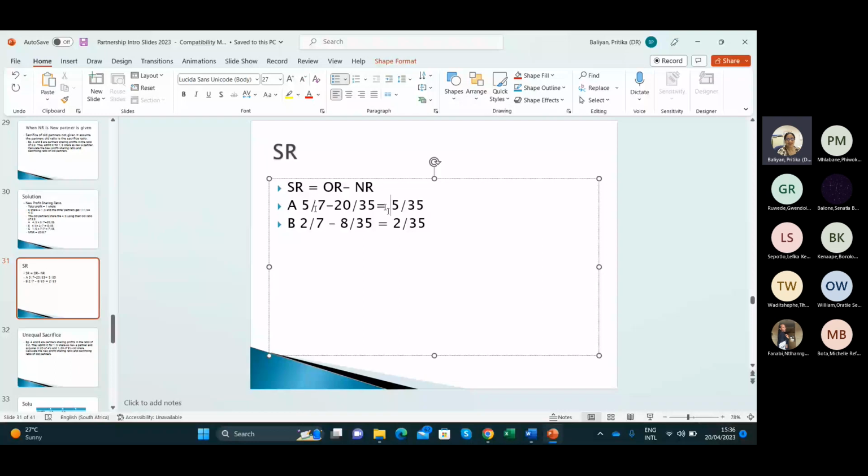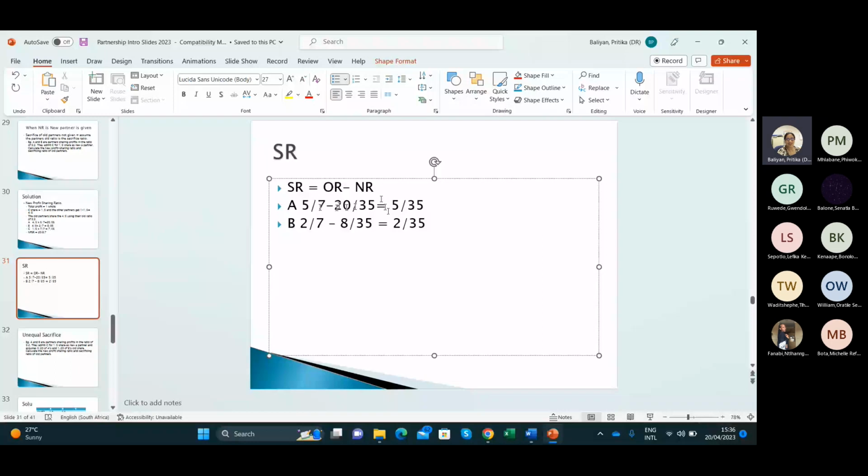So how can we get the same figure? Either you can multiply or divide by the same figure. You cannot divide 20 by 7, but here you can multiply by 5.